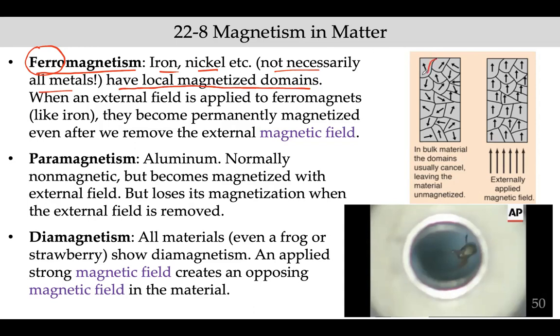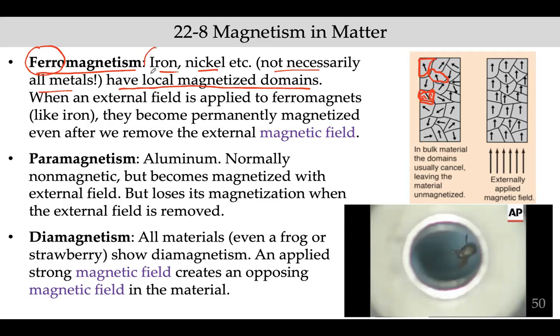So there are some domains where the atoms point in the same direction, so their magnetic field lines add up. Locally, you get magnetic field lines in the same direction, but it's not global. If you look at it globally, it's still random.